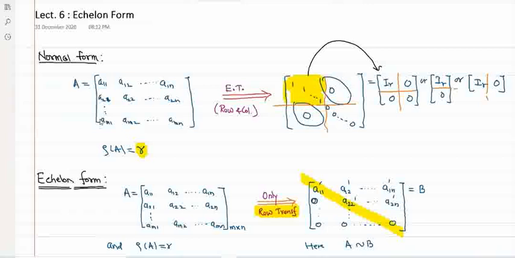That's why we use the word row equivalent matrices. A and B are called row equivalent particularly because you are applying only row transformation. Now, a question may arise: if you apply column transformation, the rank remains the same and you will get the same answer. But when applying the echelon form, you have to apply only row transformation.